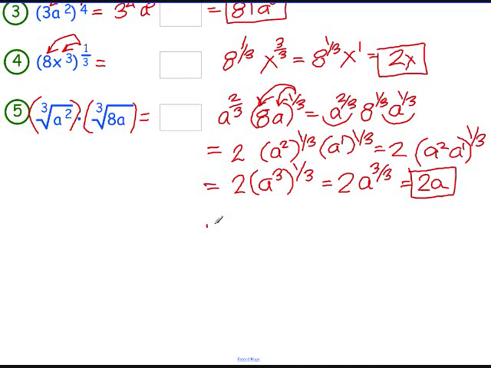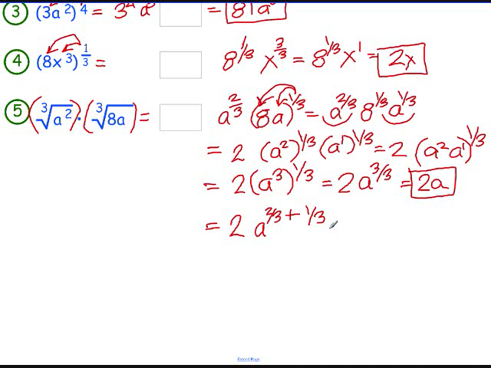So wouldn't it have been easier to say base A, and we'd say the 2/3 plus the 1/3, and see where that's coming from up here and here.